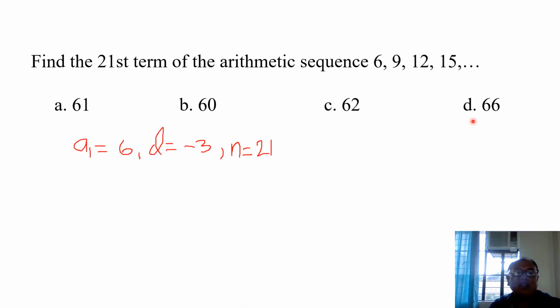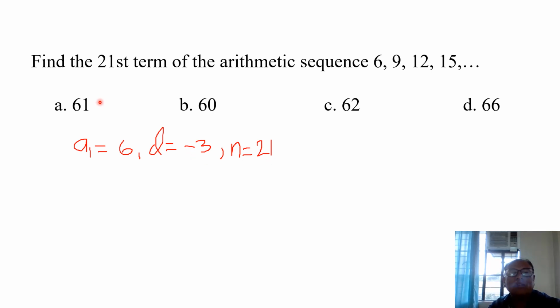First and foremost, we're going to identify what is given in the problem. We are not going to solve for a sub 1 anymore because it is already implied in the problem. For the common difference, we simply get the difference of the second and first terms. That is 9 minus 6, so that is positive 3, my dear students.